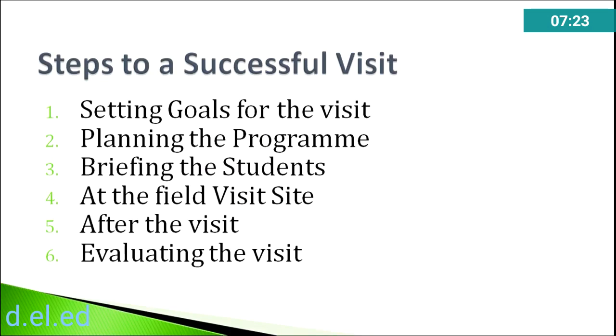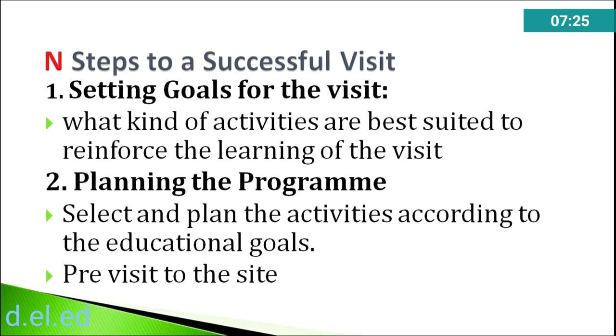For example, I have observed that students of class 5 went to a pond which is next to the school. So the pond becomes the site of a field visit. There are certain steps for planning a successful visit. Number one, you set goals for the visit.